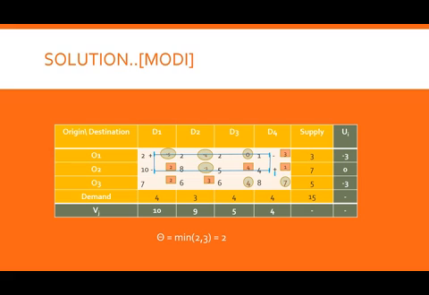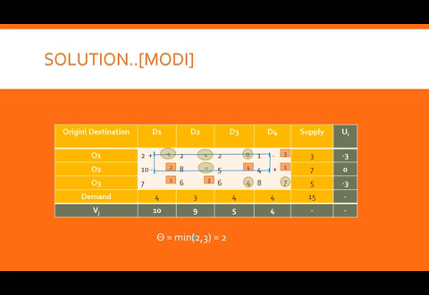In that case, theta has to be assigned. So I start with plus theta. In the starting point, I put plus theta. Alternating sign here, it becomes minus theta. Alternating sign plus theta. Alternating sign becomes minus theta. So I have 2 plus thetas and 2 minus thetas here.